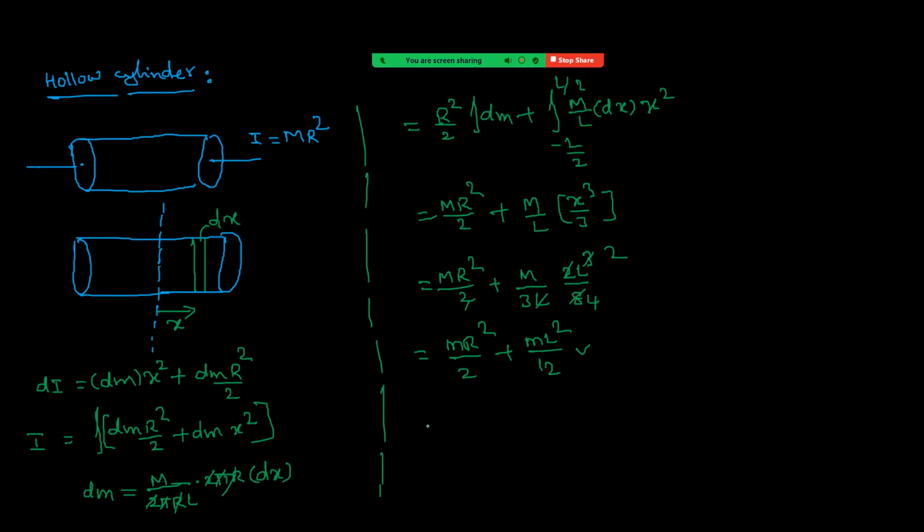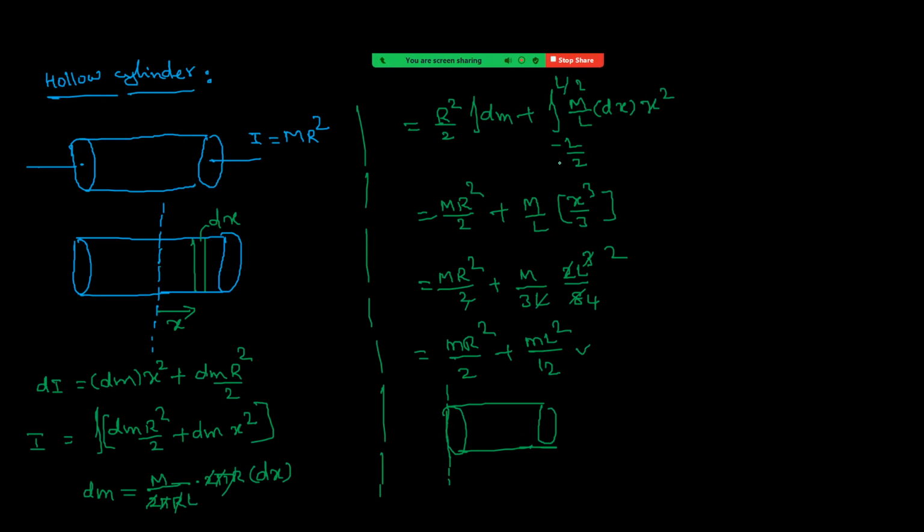Okay. For example, same thing given, like the axis is now normal to the length of the cylinder, but passing through one end of the cylinder. Okay. See where the change comes. Change comes only while taking limits, right?